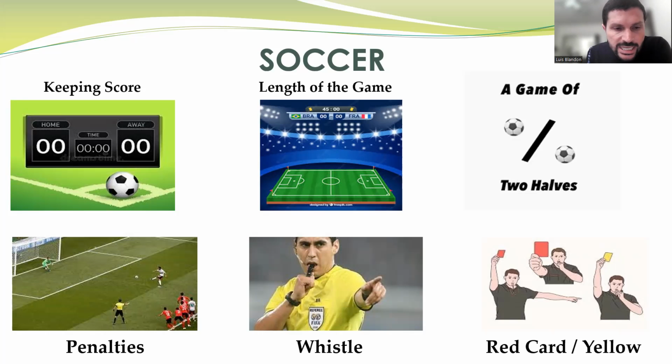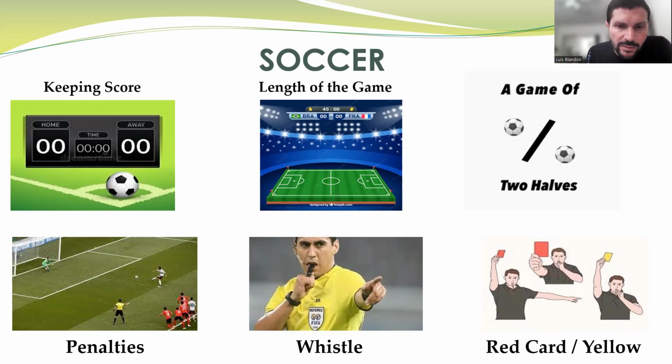You can see a picture right here on the bottom left corner of your screen. You see a player taking a penalty and the referee using the whistle to signal the start of the penalty.